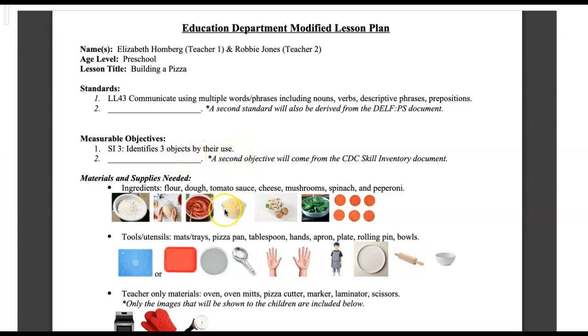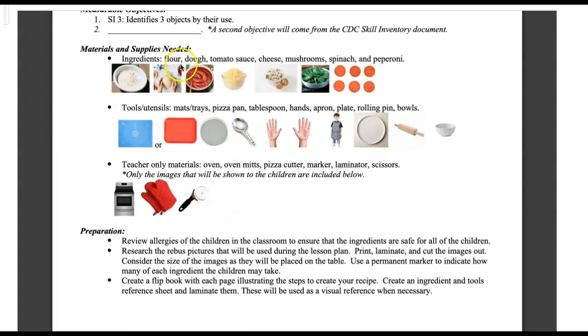The materials that are needed, you're going to list in text, as well as starting to build your Rebus picture library here. Okay, so flour, dough, and you want to make sure as you're searching these images that they're very clean and crisp.